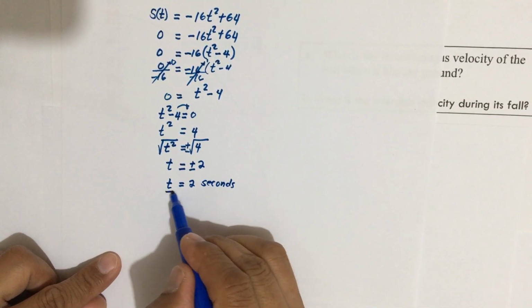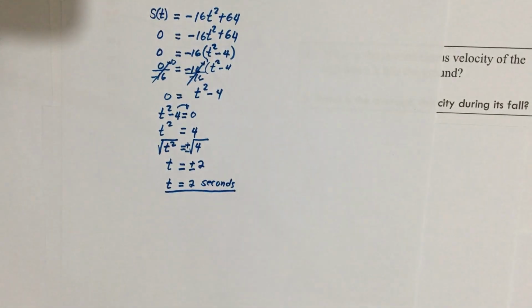Okay, so this is the time that the ball reaches the ground. So you have t equal to 2 seconds. So what is now the instantaneous velocity?